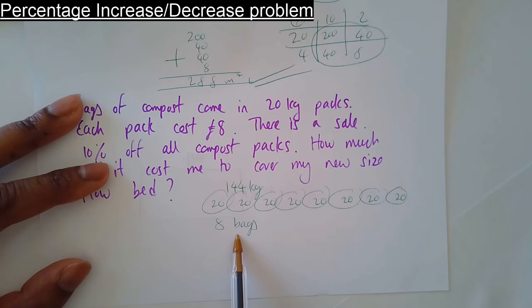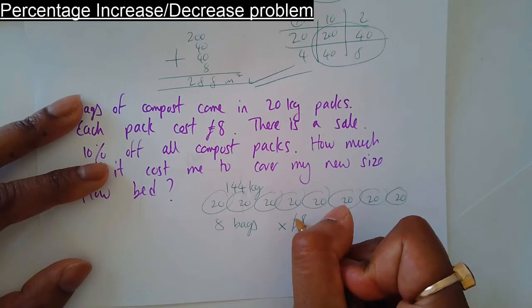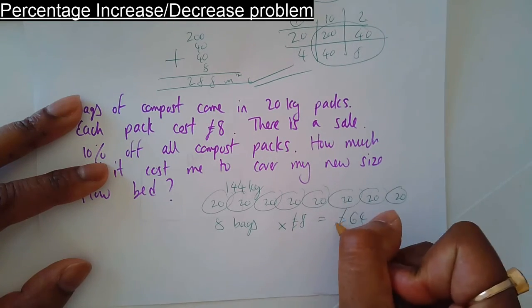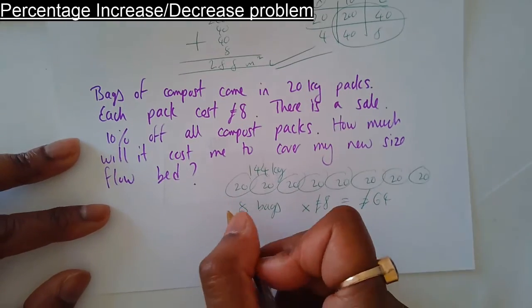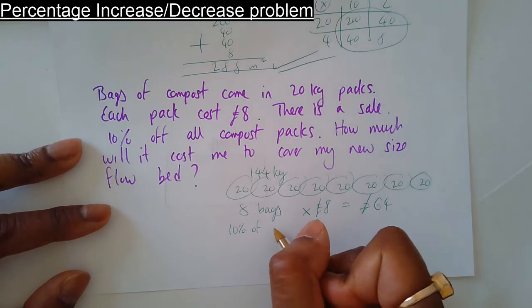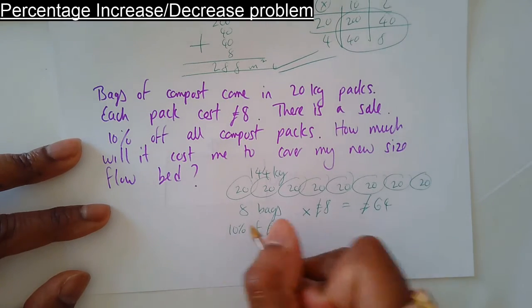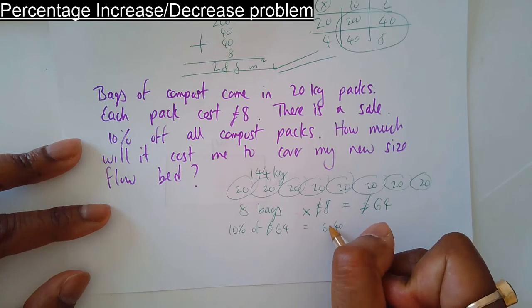8 bags, each one £8. That's £64. It's 10% off £64. So work out 10% of £64. That's 64 divided by 10. £6.40.